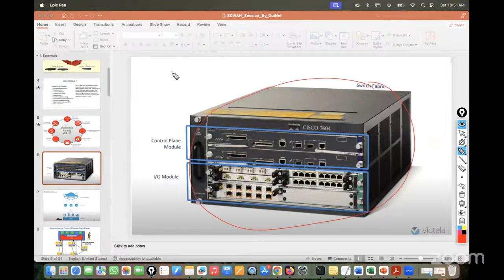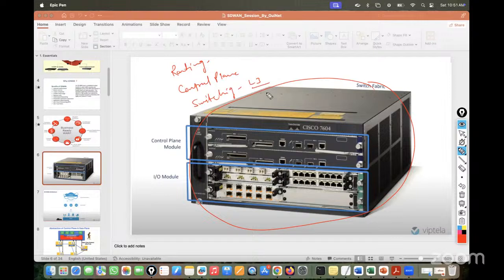If I have to take the routing decision, I do it here. If I have to manage the control plane, I do it within the box. If I have to do switching, let's suppose it's an L3 switch, that also happens within the box only.